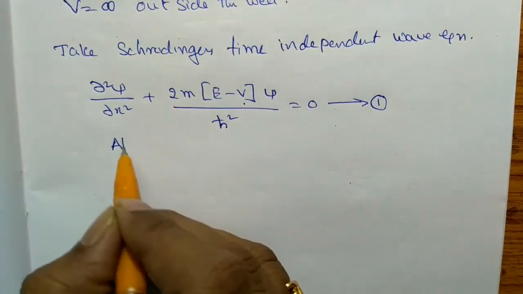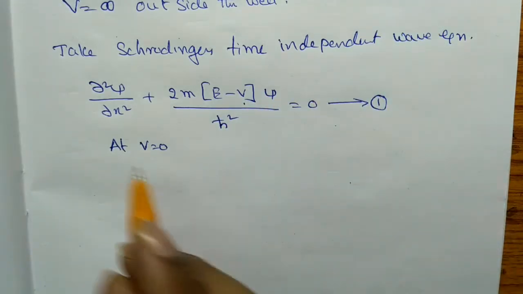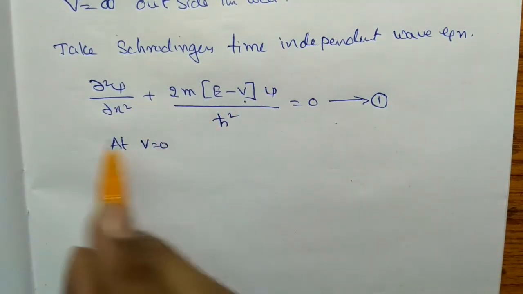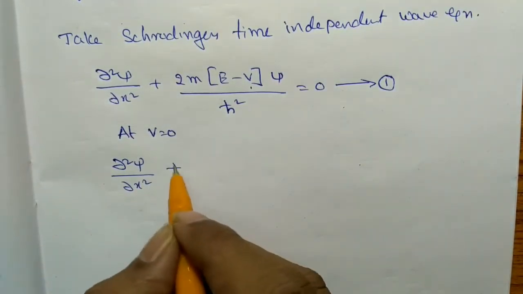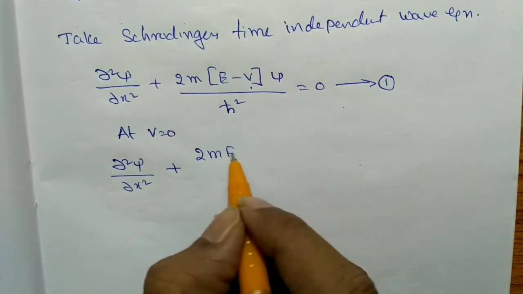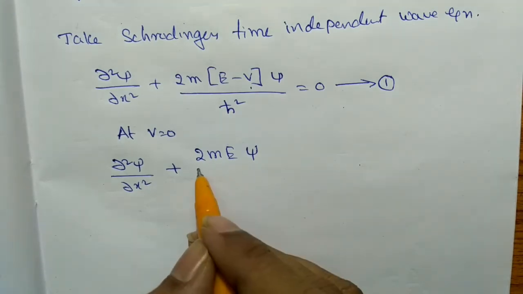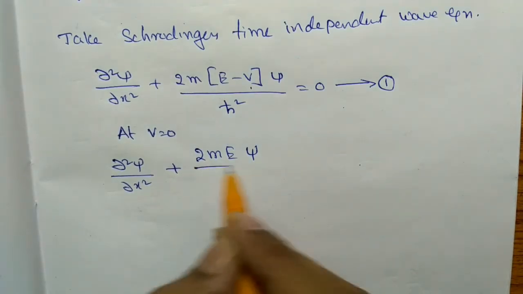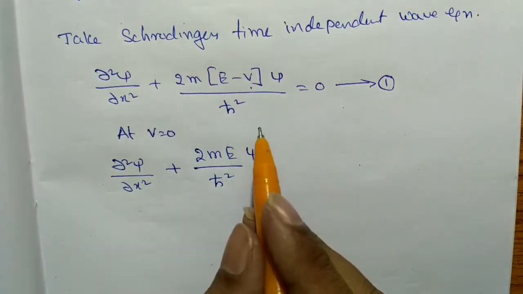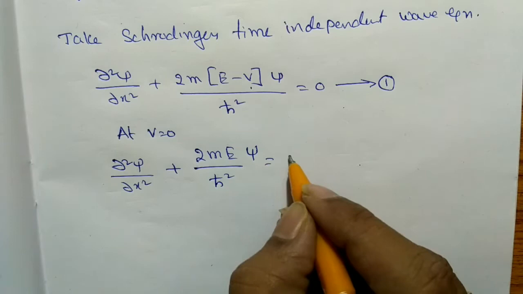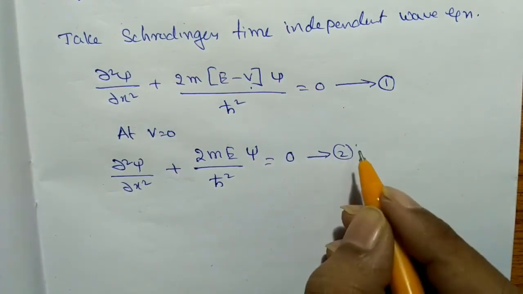At V equal to 0, when the potential is 0 inside the potential box, this equation becomes dou square psi by dou x square plus 2mE psi by h cross square equal to 0. If we substitute 0 in the position of V, we get this equation. This is equation number 2.